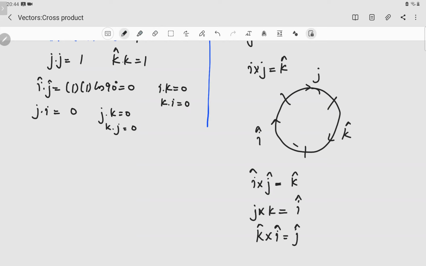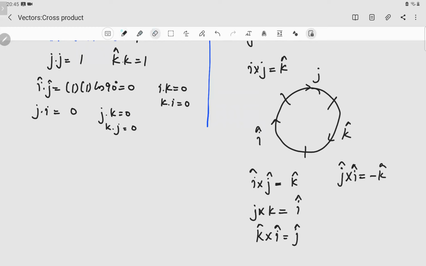Okay. And in reverse, if you move anti-clockwise, earlier you were moving clockwise, now moving from j to i, j cross i is equal to minus k, because your movement is opposite to the clockwise direction.